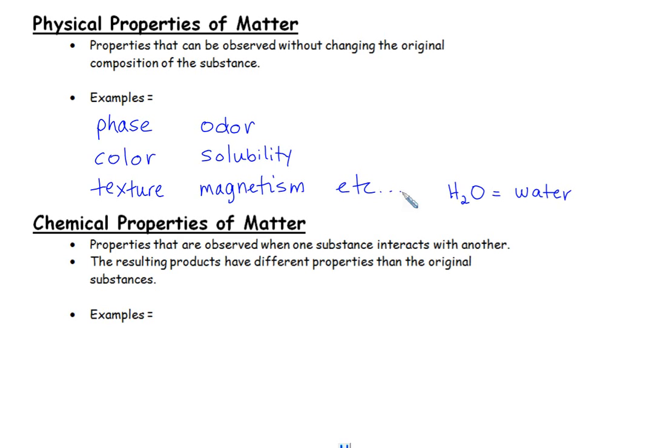Here's another good way of looking at it. When I picture a physical change or a physical property, think about this idea of a phase change. So here's my beaker of water. And these little water molecules are H2O.